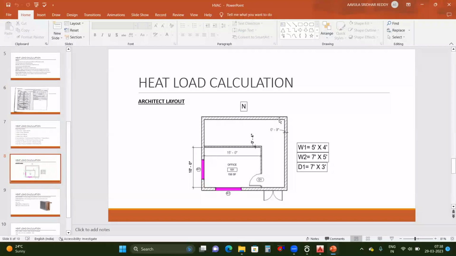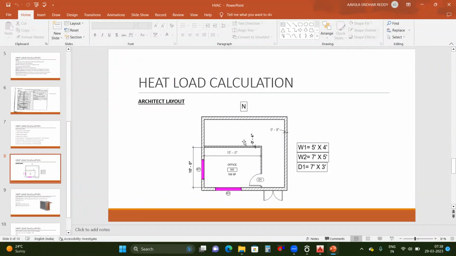If you see the drawing, we have two kinds of walls, where the outer part is exposed to atmosphere. Here, this is our space, the office space. We have the partition wall. This wall is separating from the other rooms. So we can call this a partition wall.